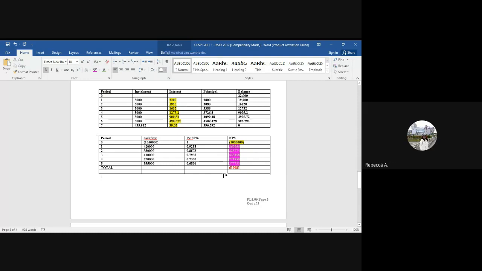So you see the figures I've highlighted from period 1 to period 5.